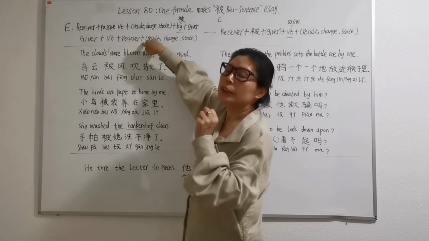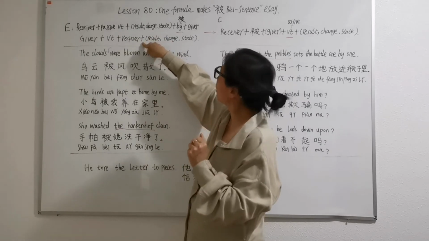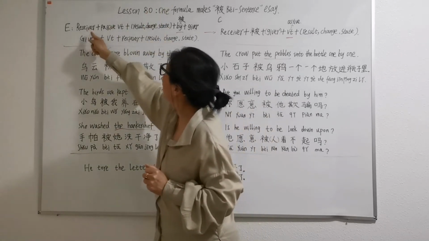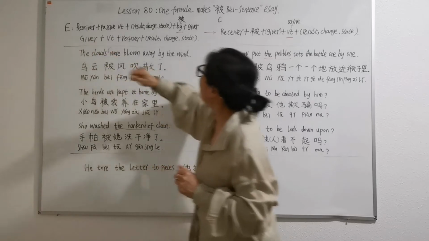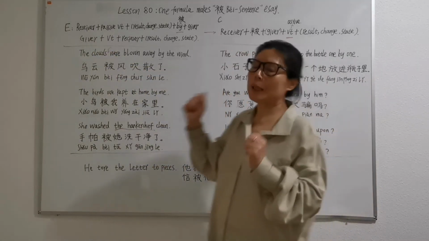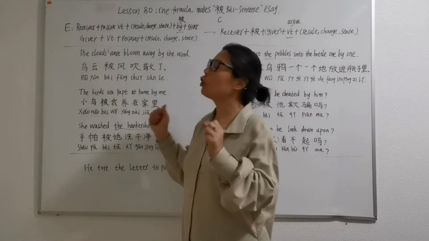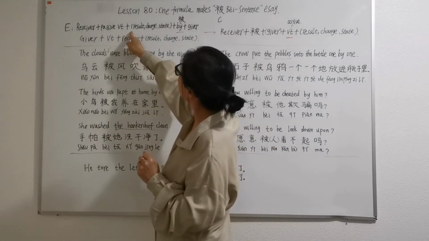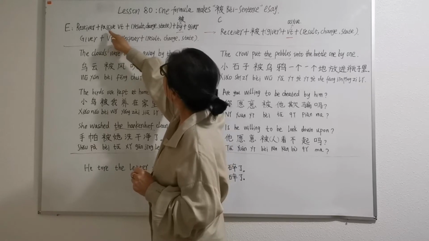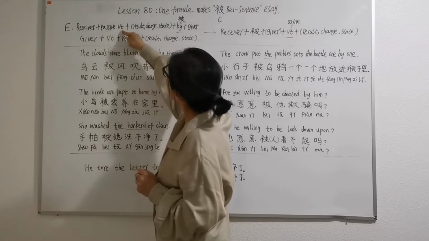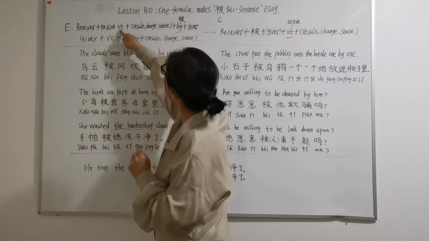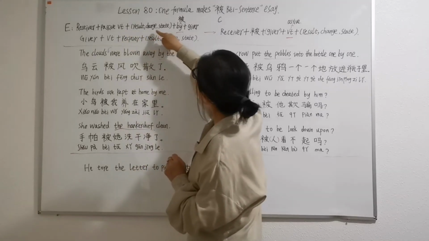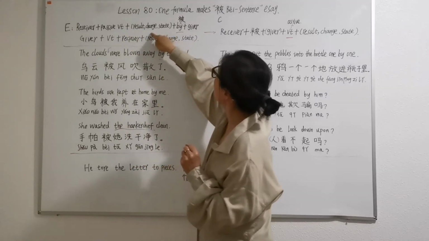This is the normal sentence. Receiver, giver, replace subject and object. And in this passive sentence, passive transitive verb replaces verb. Results change, state doesn't change.